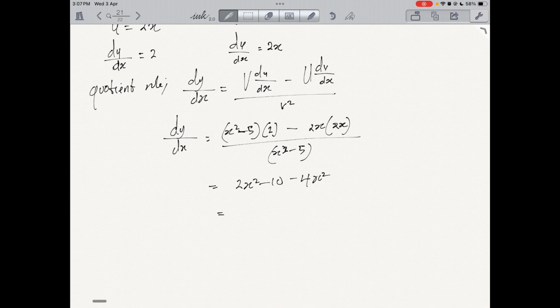So this will give us minus 2x squared minus 10, divided by x squared minus 5 all squared.